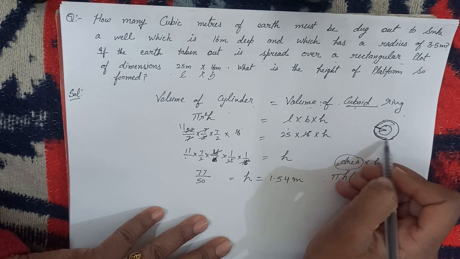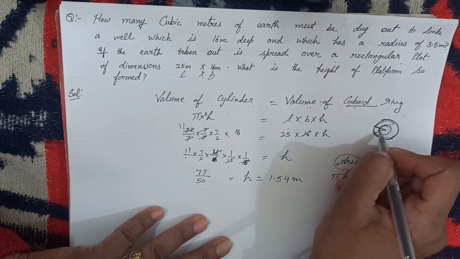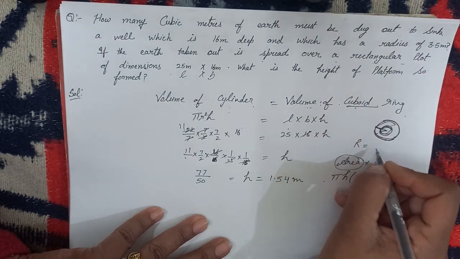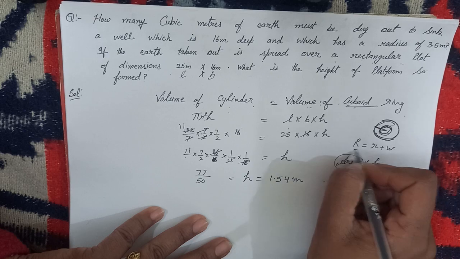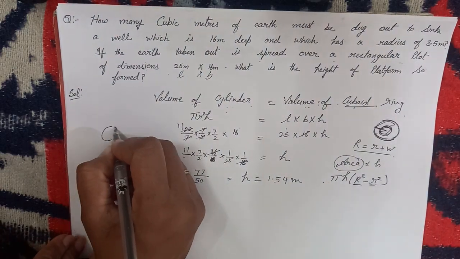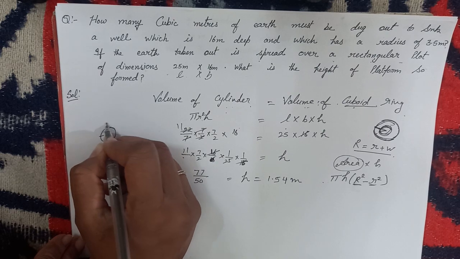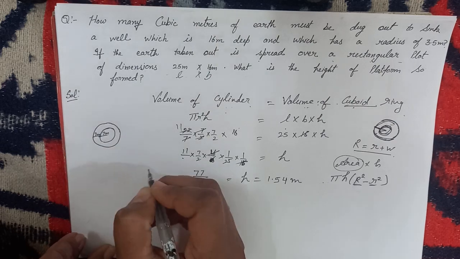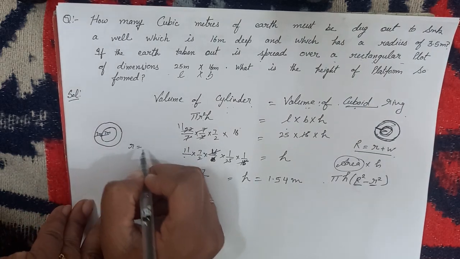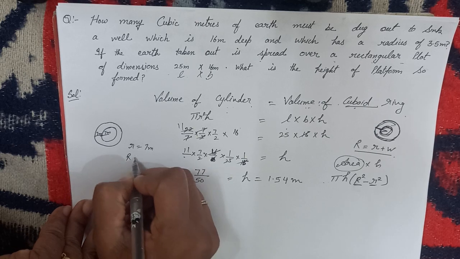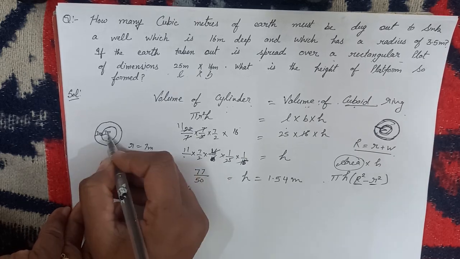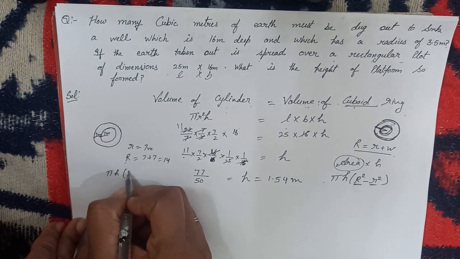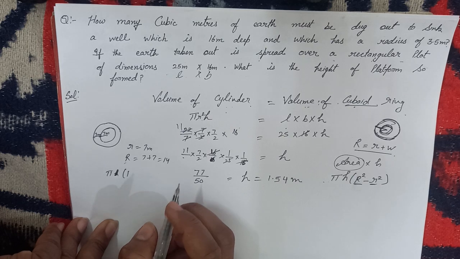Capital R means the radius of the bigger circle and small r means the radius of the smaller circle. Now how will the radius of the bigger circle be found? The bigger radius is always equal to the smaller radius plus the width. Suppose I have this well whose radius is 7 meters and it has an embankment whose width is also 7 meters. So the small radius will be 7 meters, and the greater one will be 7 plus 7, that is 14. Then I will say pi, h will not be there because it is not part of the area.